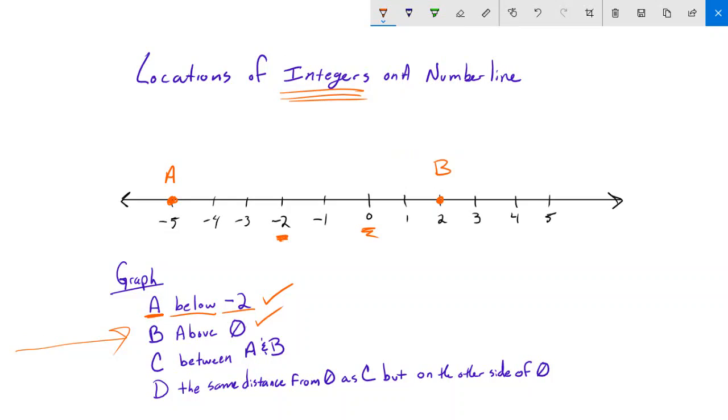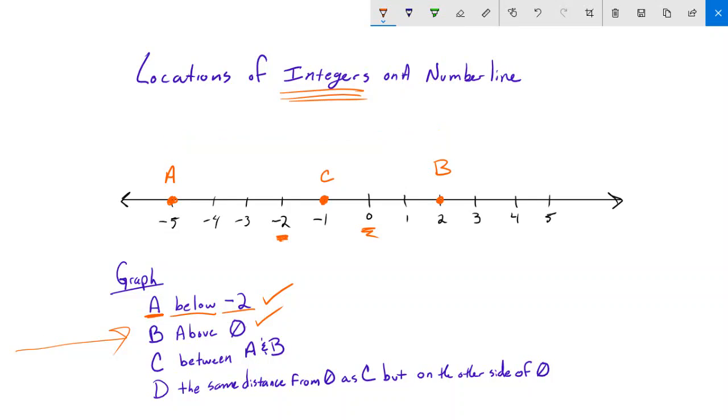And let's look at C. Graph C between A and B. So if I've got A over here and I've got B over here, it has to be somewhere between A and B. So I can pick anywhere. So I'm just going to go for, let's go for -1. Why not? So that'll be C.